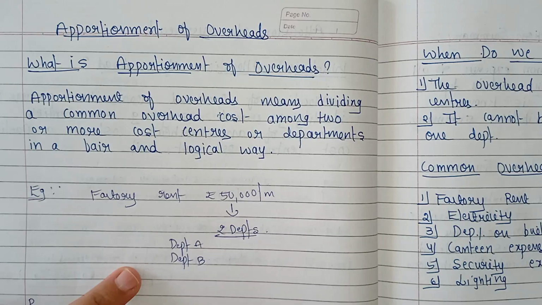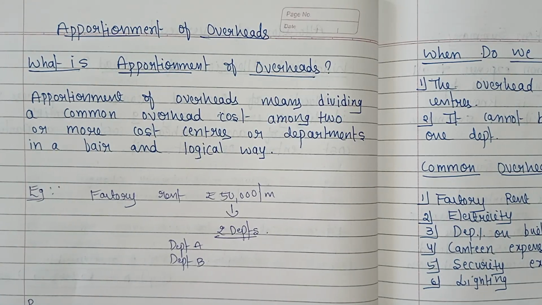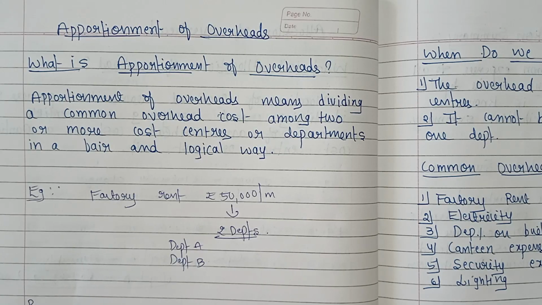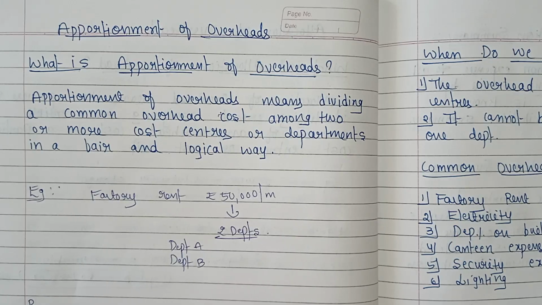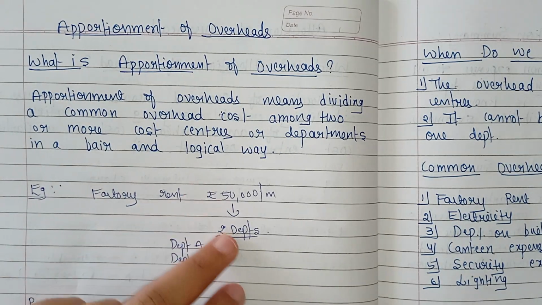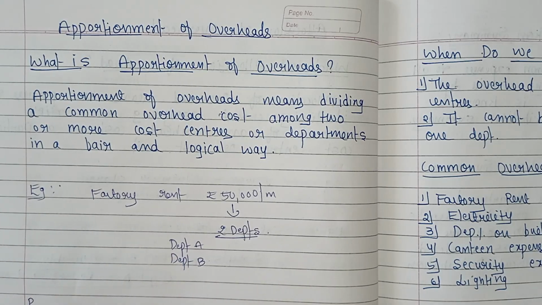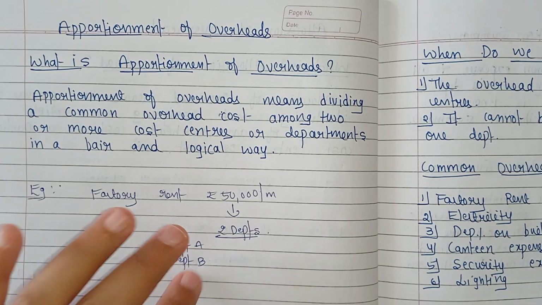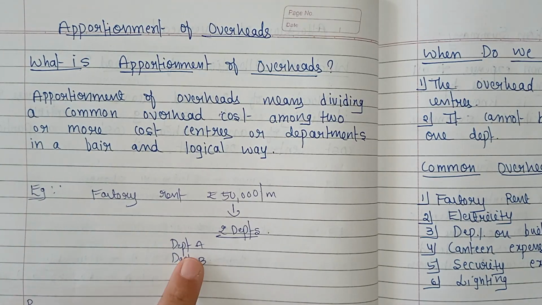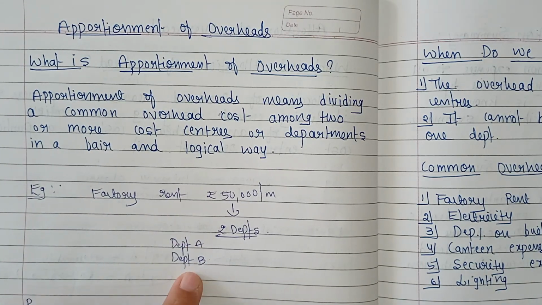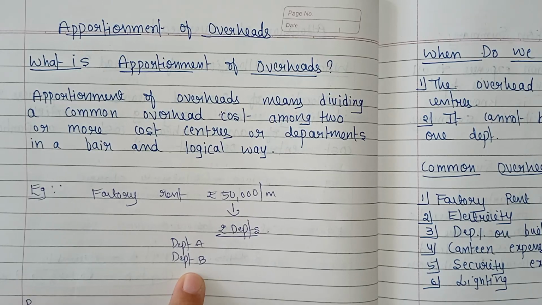See, in the allocation of overheads, we took an example, that there are two departments and the supervisor is working only in one department, that is department B, right? So the whole amount of his salary, that is rupees 25,000, we allocated only to department B. But here this factory rent covers two departments, A and B. That's why we need to apportion, or divide, this common overhead cost among two cost centers on some suitable basis.